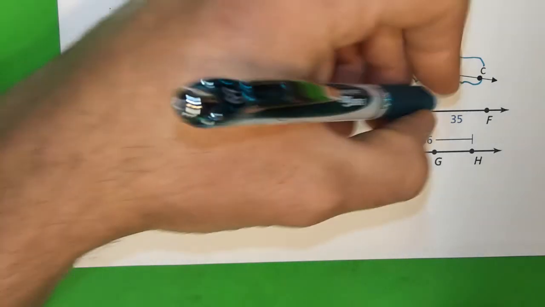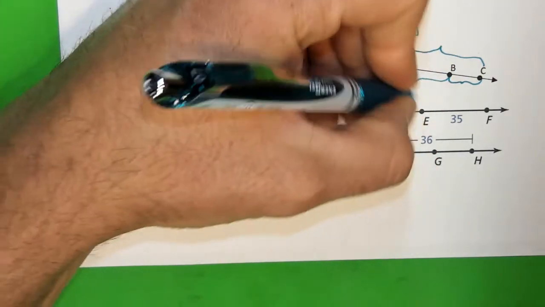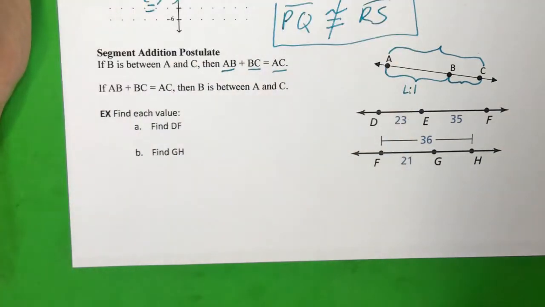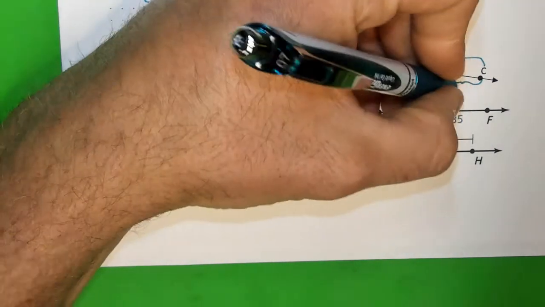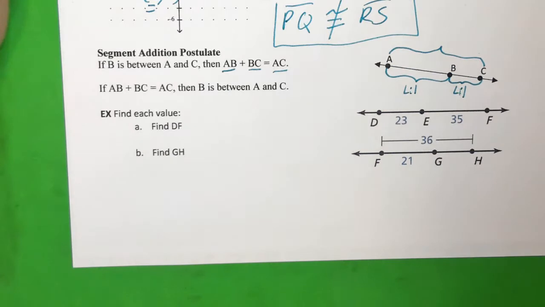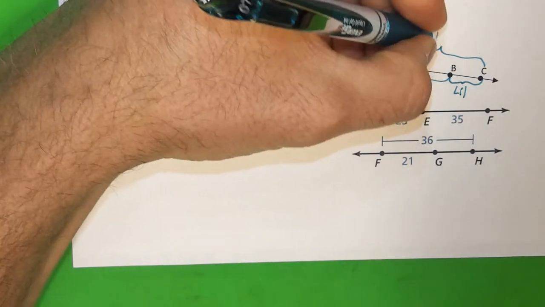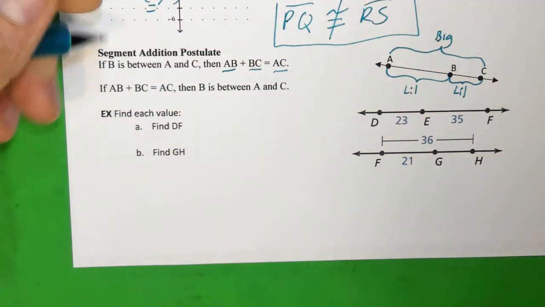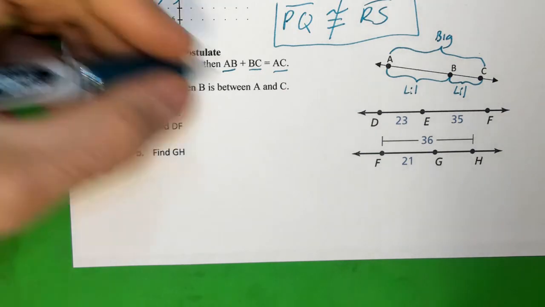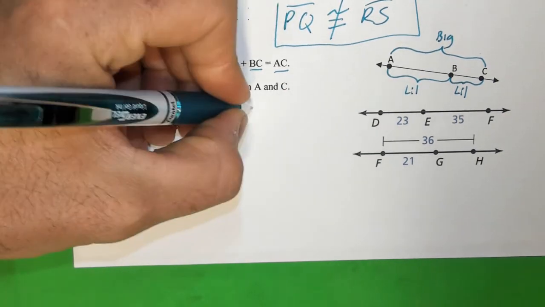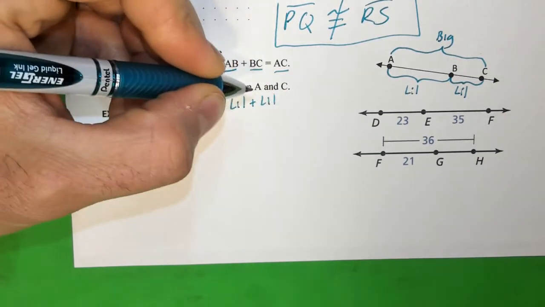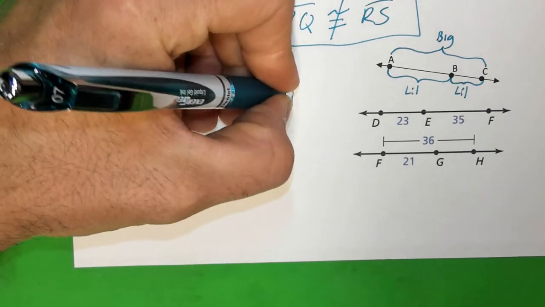A to B, that's a short distance, or a little distance. B to C is another short distance, or another little distance. And from A to C, that's the big distance. So to keep this as simple as possible for me, I like to think about little plus little equals big.